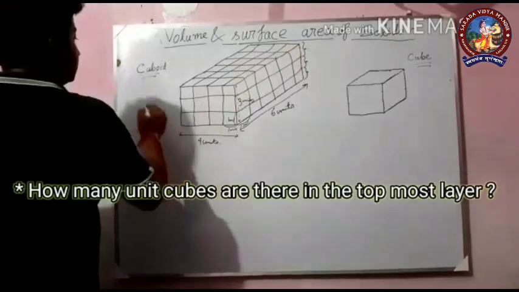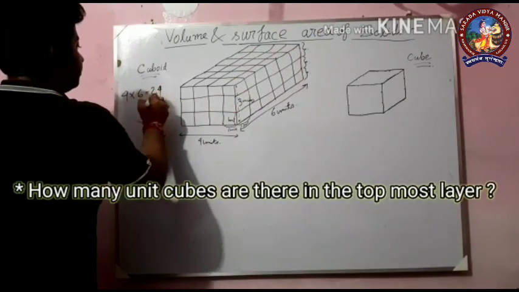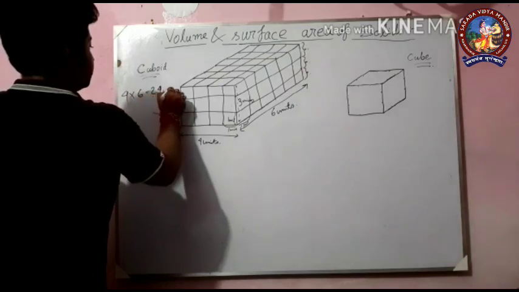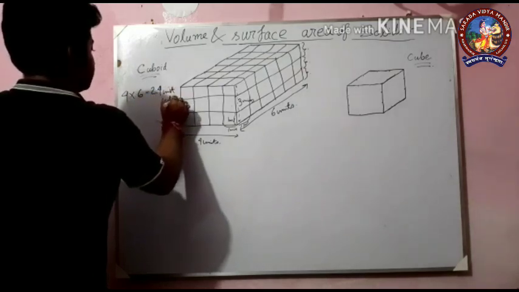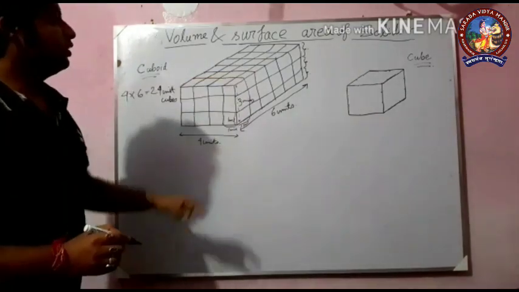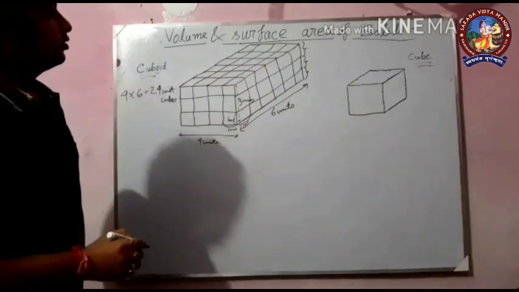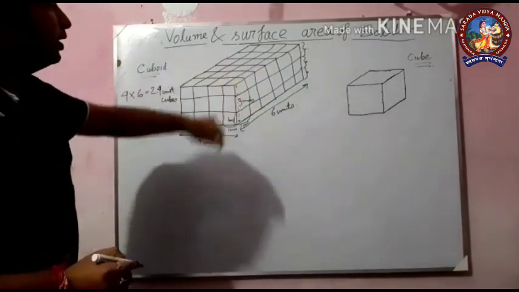So there are 4 into 6, that is 24 unit cubes. 24 unit cubes in the upper surface. Okay, or you can say in the upper layer.